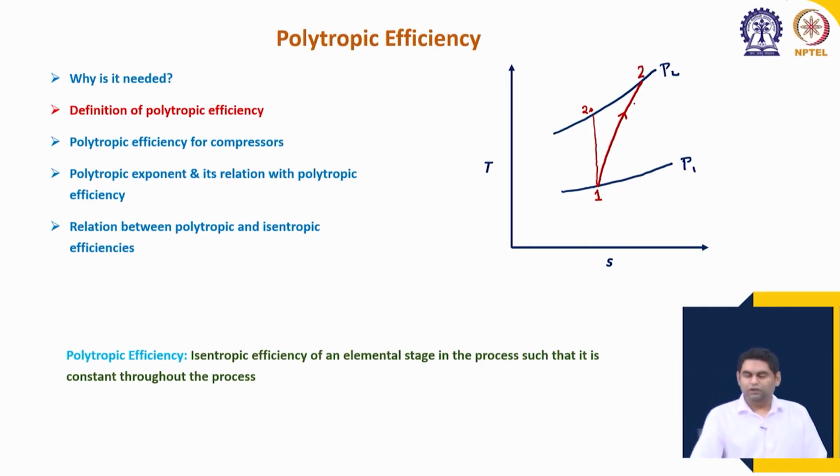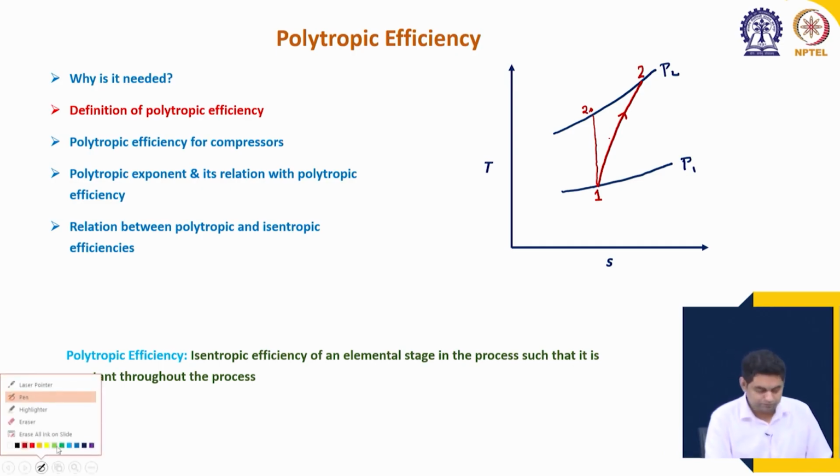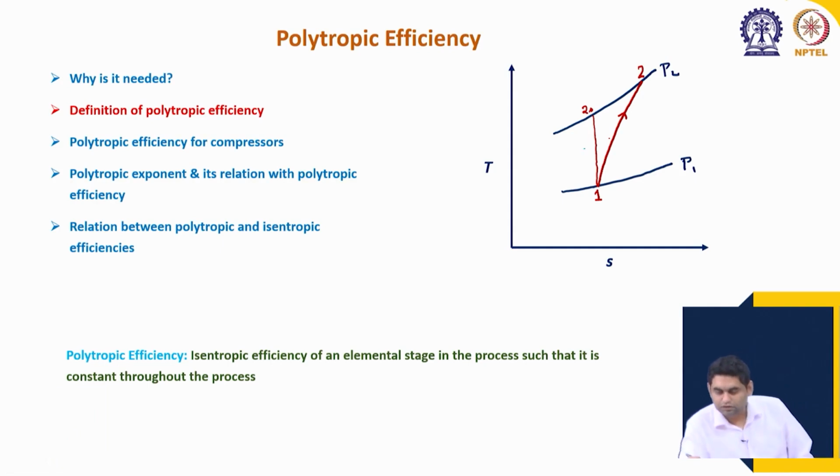So, if I now take an infinitesimal process or infinitesimal pressure ratio within this 1 to 2 process, let us do that. Let us take an infinitesimal process. In this process, the isentropic change is equal to the small line that I am showing here.